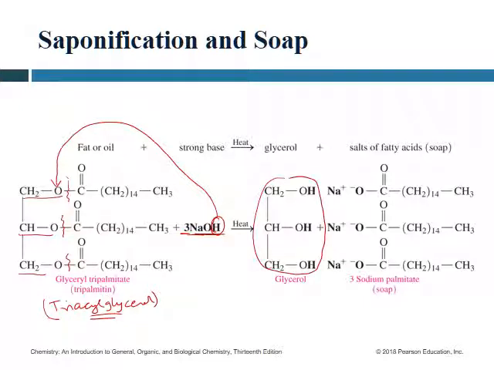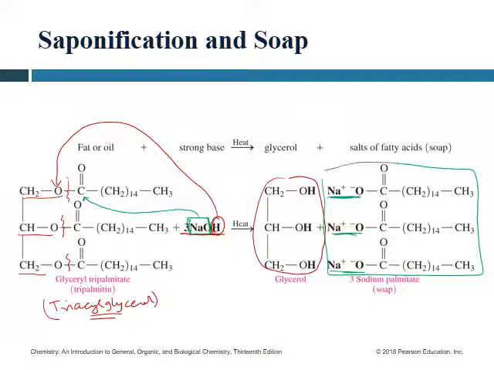And then the rest of the molecule, which is NaO, is going to bind with the carbonyl group. So you're going to get O-Na, O-Na, and O-Na, right? So this is a soap, a salt of carboxylic acid. This is a salt of fatty acid, and we already talked about how a fatty acid normally makes a salt.